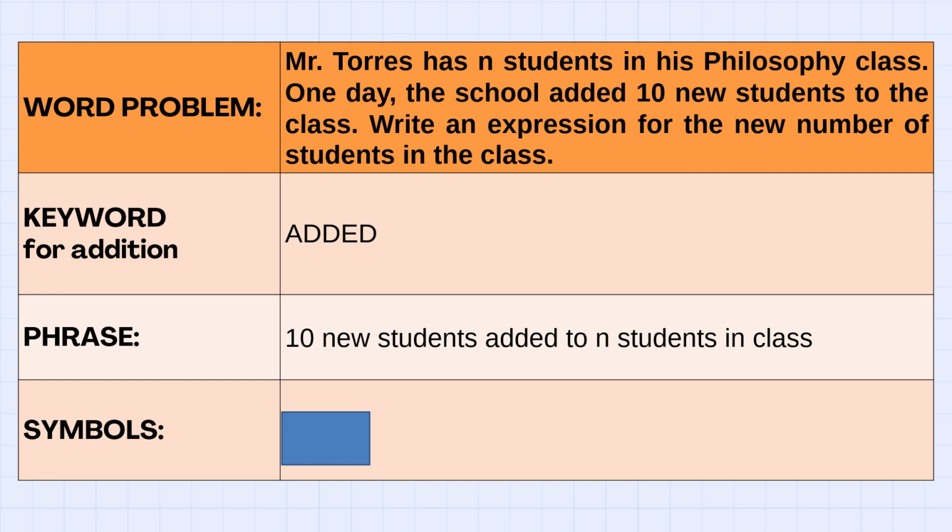Take note that initially there are n students in the class of Mr. Torres and that the school added 10 more students to the class. So the phrase again is 10 new students added to n students in class. To translate this phrase to symbols, that will be n plus 10.